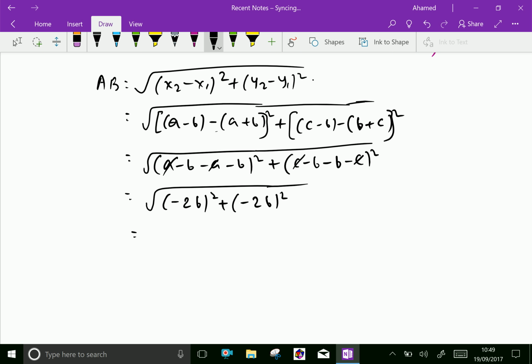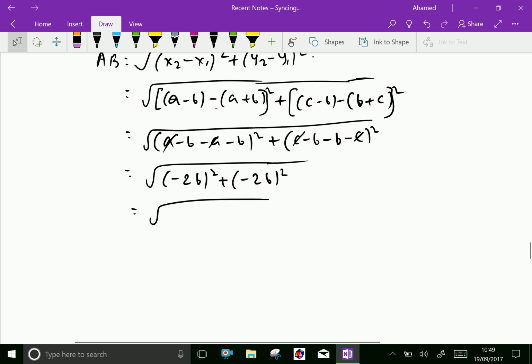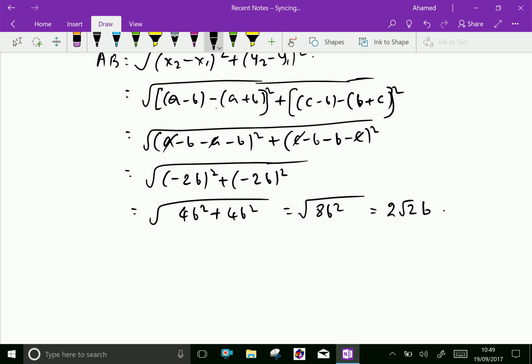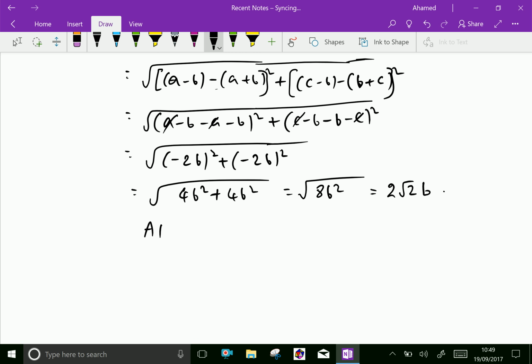Further, minus 2b whole square is 4b square, plus another 4b square, which is square root of 8b square. Square root of 8 is 2 root 2, and the square root of b squared is b. Therefore, the distance AB equals 2 root 2 b units.